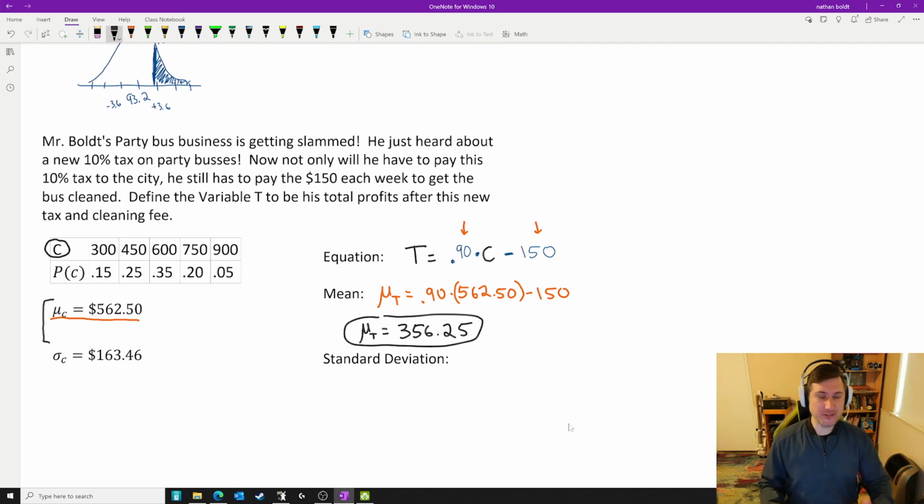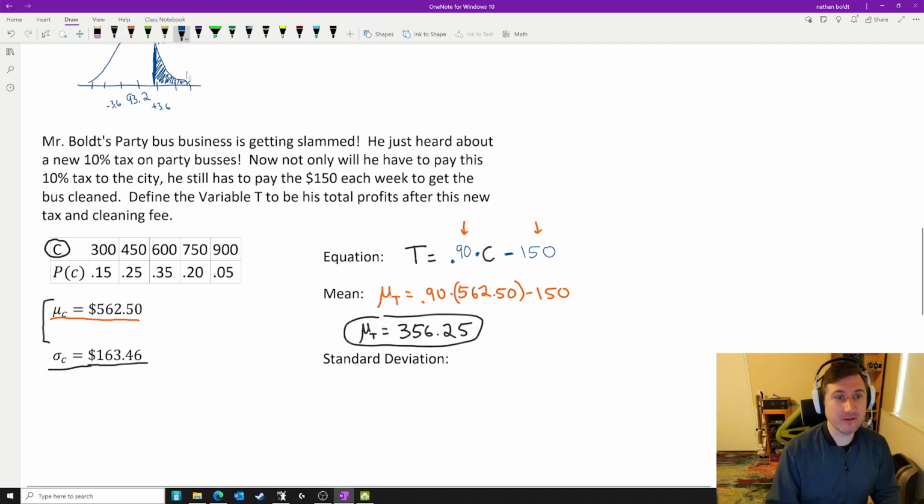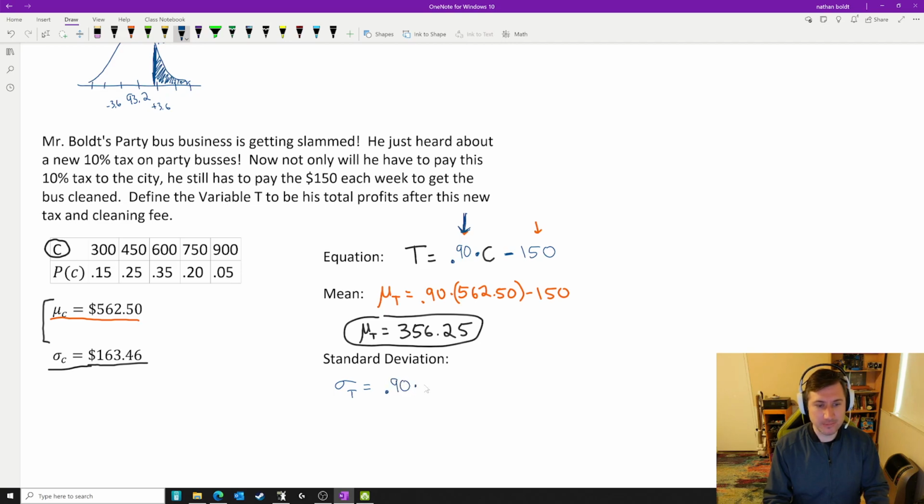All right, now the standard deviation. My old standard deviation was 163, but I'm transforming the variable, so that's going to be different now. But we don't just plug this one in. The standard deviation of T is equal to, again, multiplying by 0.90 does change the standard deviation. So 0.90 times 163.46.